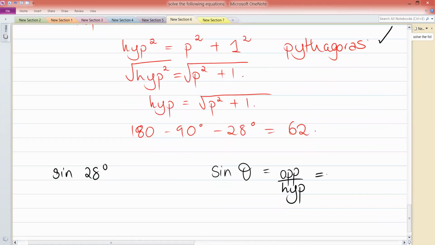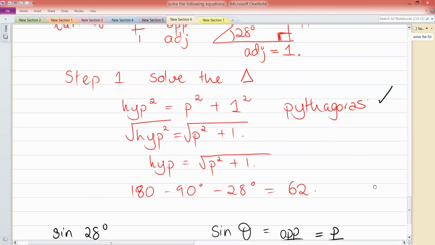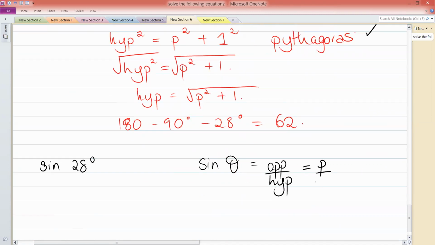Opposite side was equal to P. The hypotenuse was what we just found, which is the square root of P squared plus 1. So just by doing that, P over the square root of P squared plus 1, you have written the ratio sine 28 degrees in terms of P. Perfect.